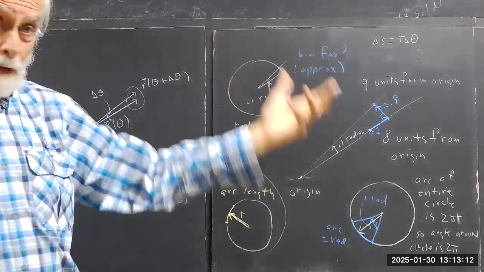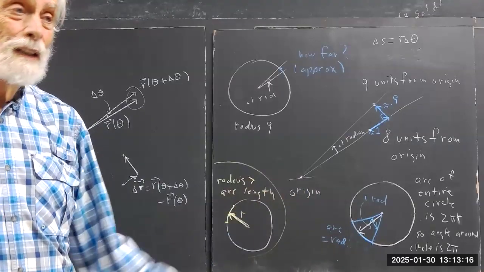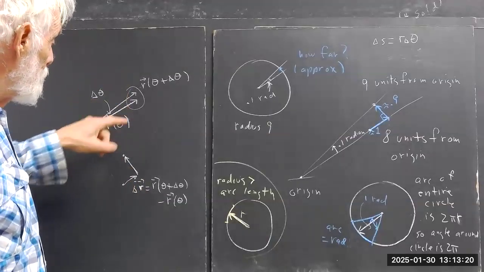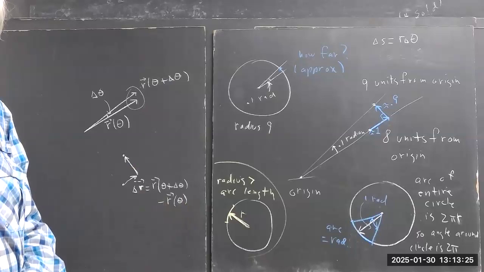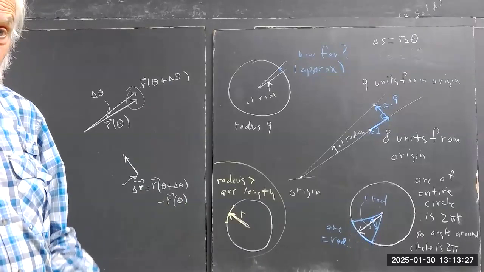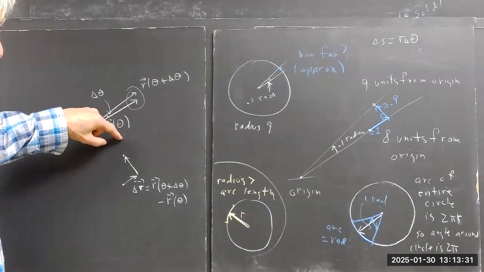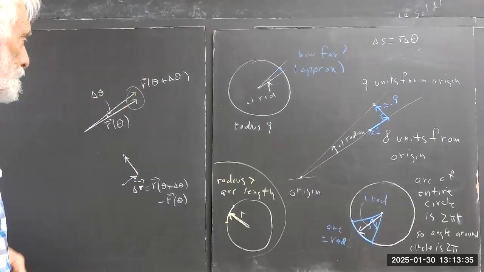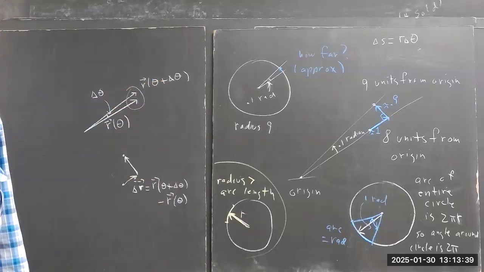By now, do what we did here. We're going to draw a circle, right? What should the radius of the circle be? It doesn't matter much if delta theta is small, because there's not going to be much difference between R of theta and R of theta plus delta theta. So I don't care what radius you use. You could use R of any angle between theta and theta plus delta theta.